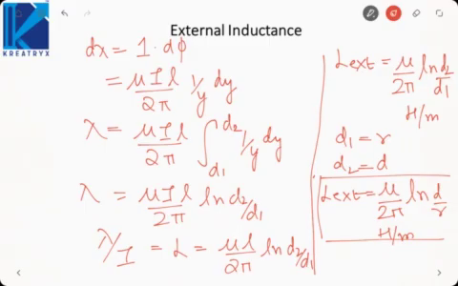Okay, so we have to remember two formulas. Internal inductance is due to the flux produced inside the conductor which links the inside region of the conductor. External inductance is due to the magnetic field outside the conductor which links the conductor. But both these fluxes link to the conductor itself.